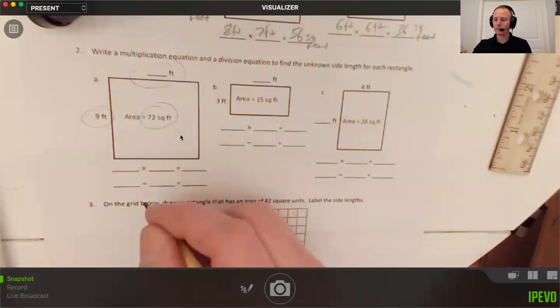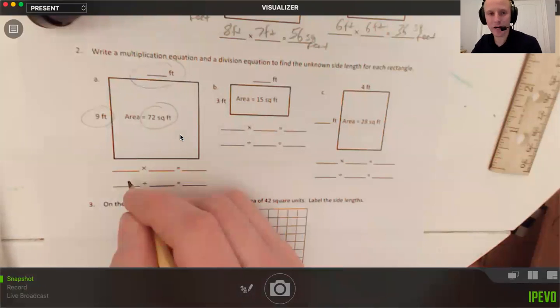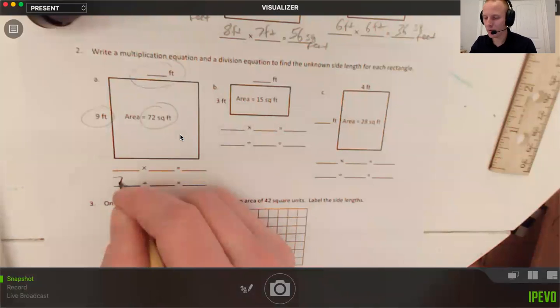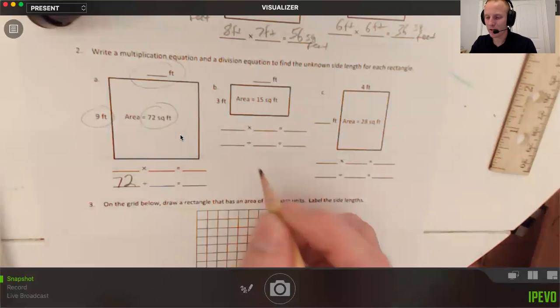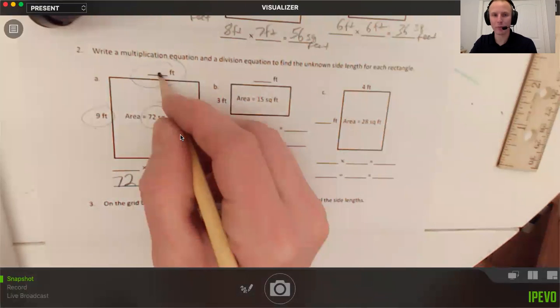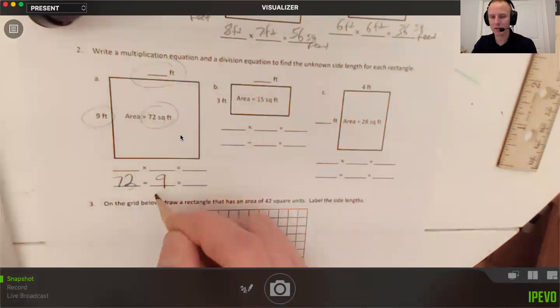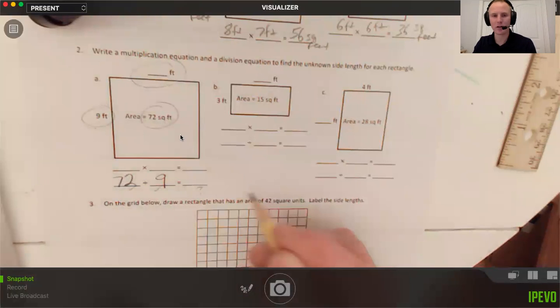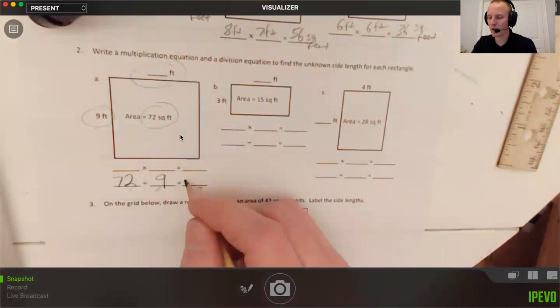My division sentence is 72 divided by 9, and I'm solving for this missing piece up here. 72 divided by 9 is 8.